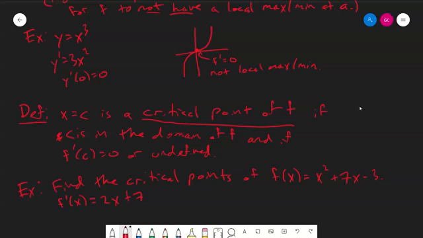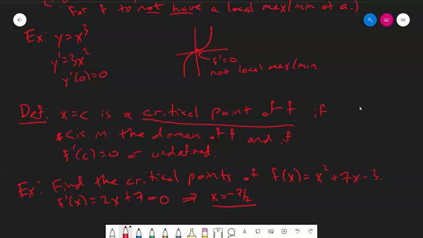And we want to find inputs that make the derivative either 0 or undefined. And well, 2x plus 7 is defined everywhere. So let's just set it equal to 0 and solve. And in this case, you get that x is negative 7/2. So in this case, there is just a single critical point of this function.